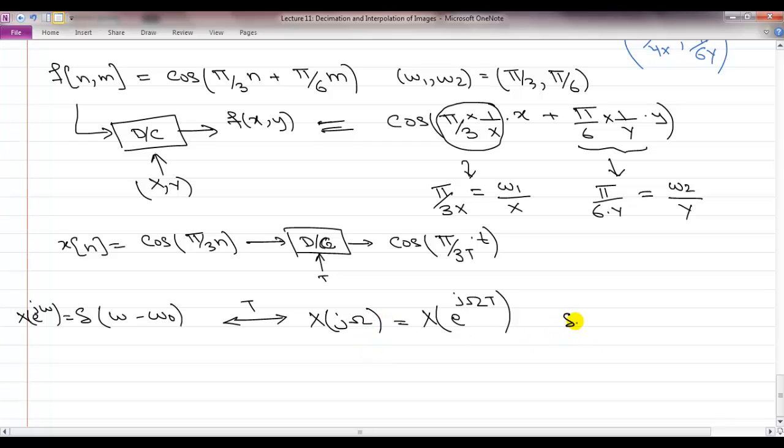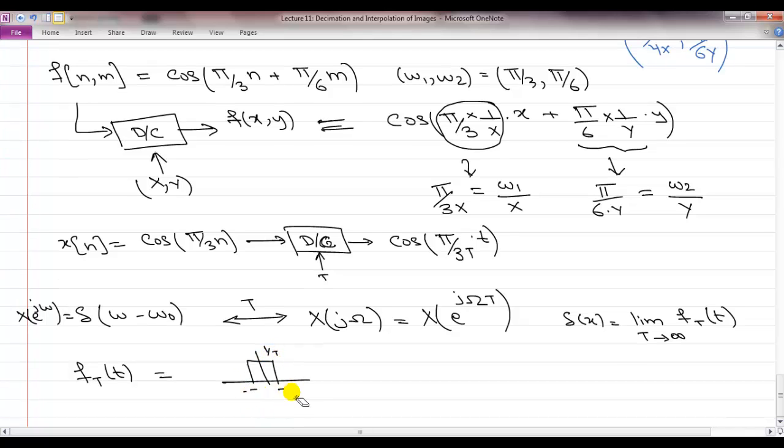One way to define an impulse is that I take delta of x equal to the limit as T goes to infinity of some function f_T of t, and I can take this f_T of t as simply this rectangle which goes from minus 1 over 2T to 1 over 2T, and its height is T. So if you look at the area under the curve of f_T of t, that is simply T times 1 over T, which is equal to 1.